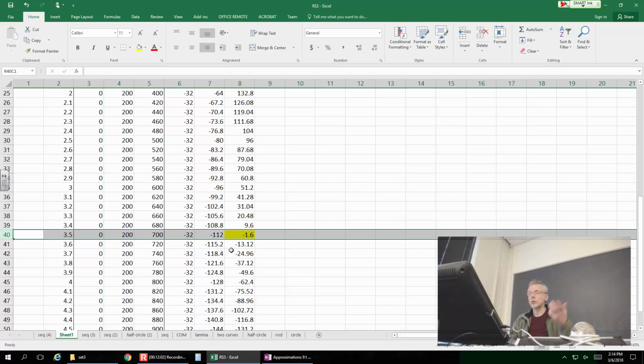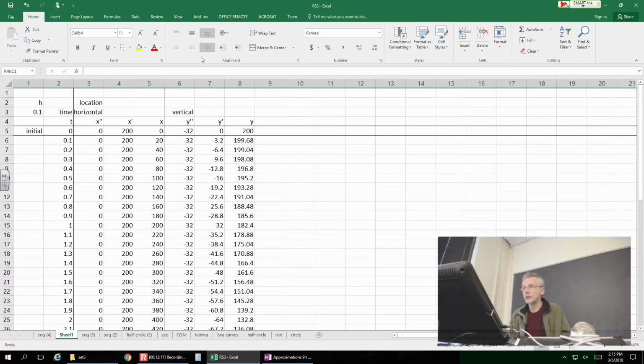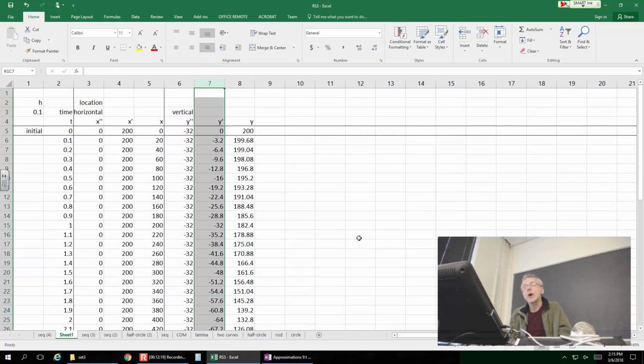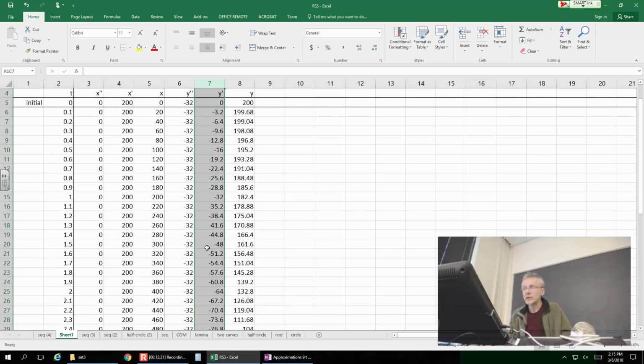For example, at what point was the vertical velocity, say, 50 feet per second? You go to the table, to the column y prime, the vertical velocity, and find where it is negative 50, right here, going 50 feet per second.